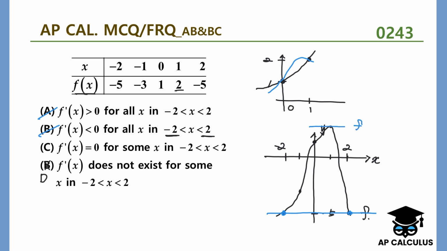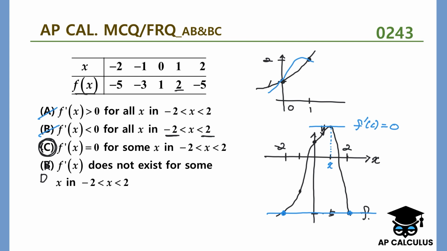So the slope of this, which is f prime of c, is equal to 0. This is Rolle's theorem. So C is true, right? Okay, so the answer is C.